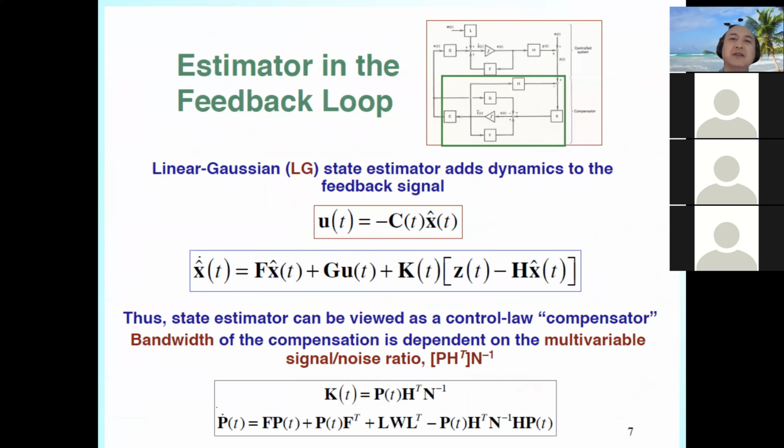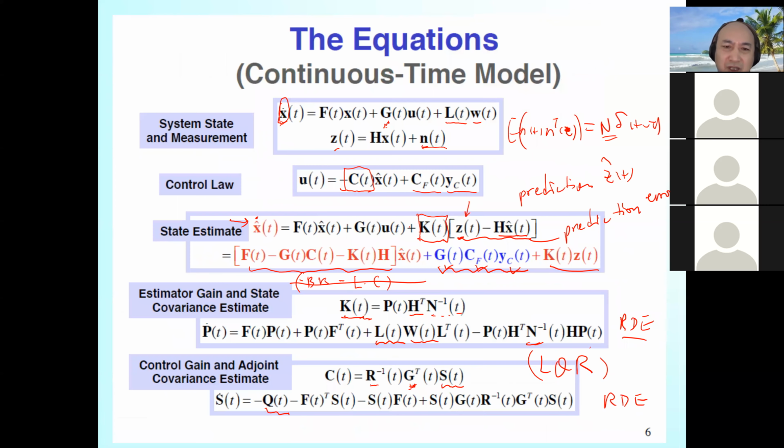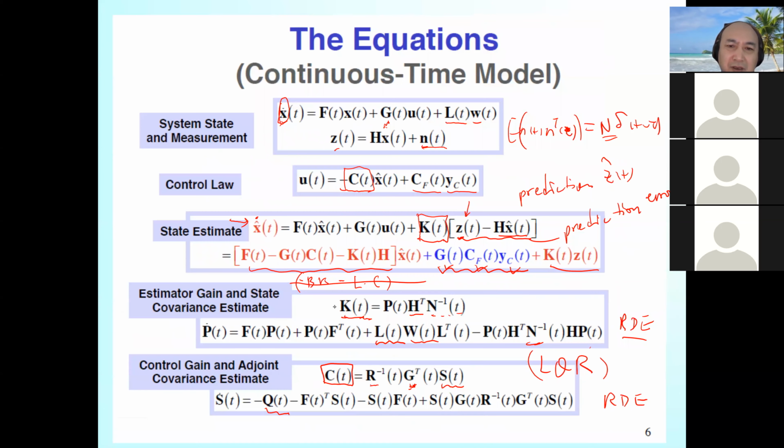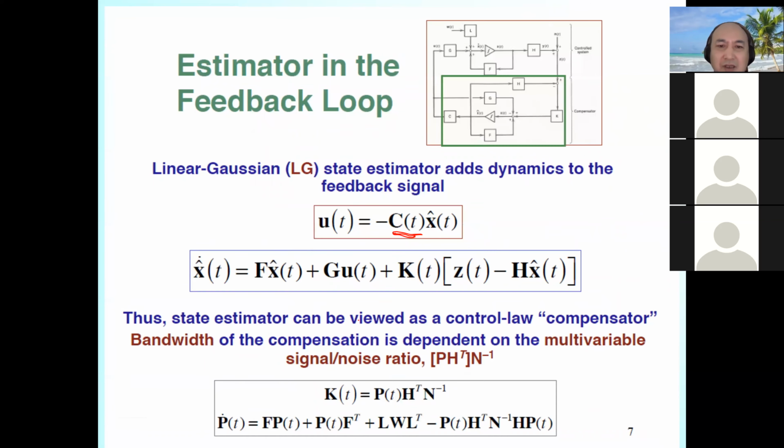All right. In summary, this is my control law. This is my time-varying control gain matrix. This is my observer gain matrix. This is my observer state equation.